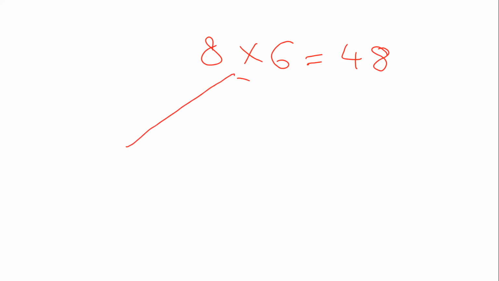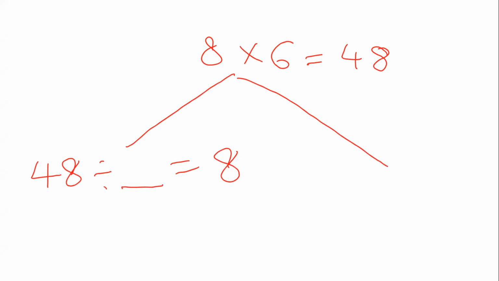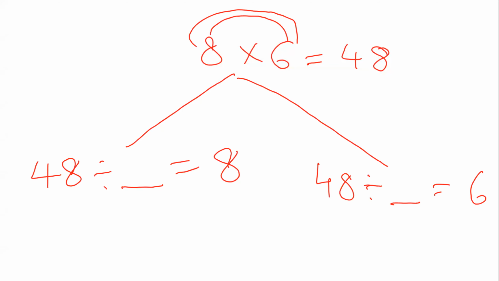But if you are supposed to do the division, 48 divided by a number, the answer should be 8, and 48 divided by a number, answer should be 6.